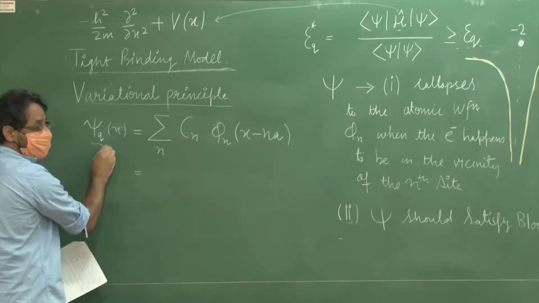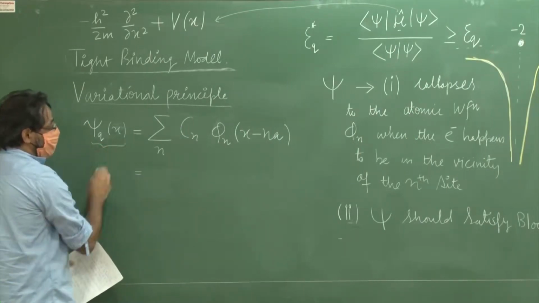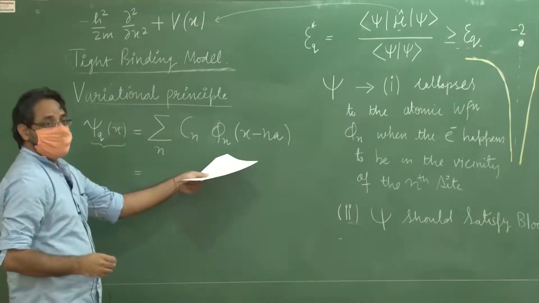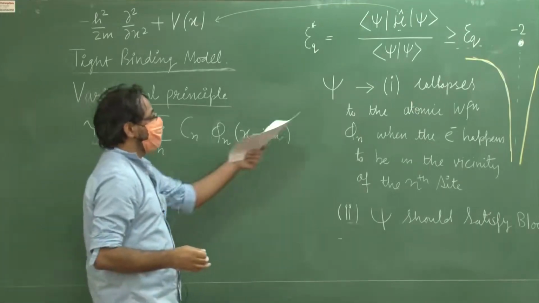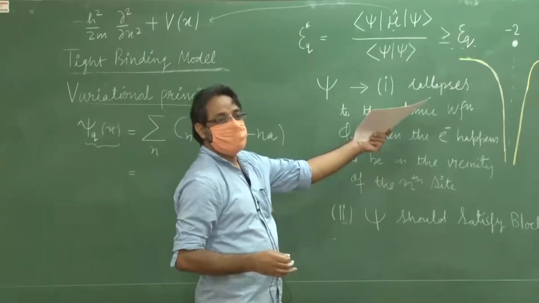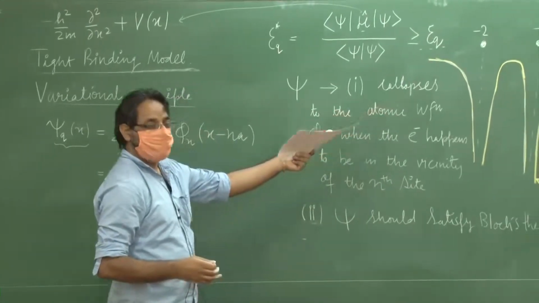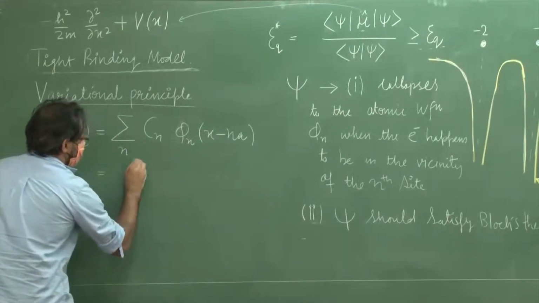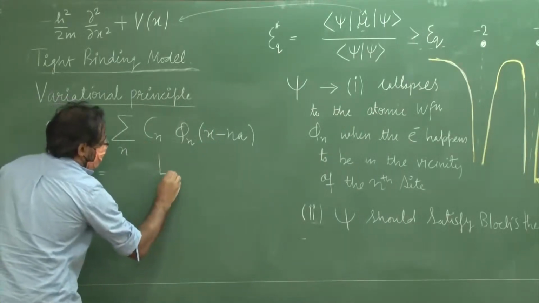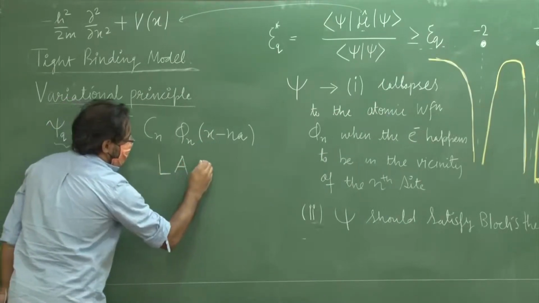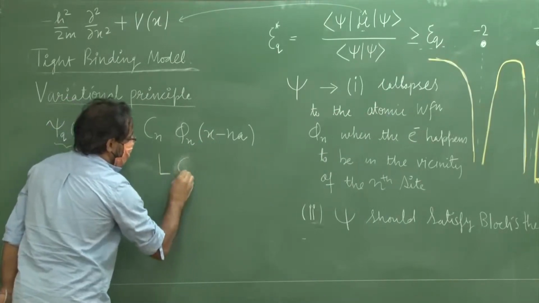This is what you did in the hydrogen molecule problem also. Your trial wave function is just a linear combination of atomic orbitals, because then and only then it can satisfy condition 1, otherwise it won't, right. There is a better name for it, LCAO.